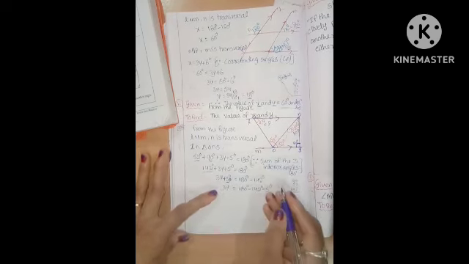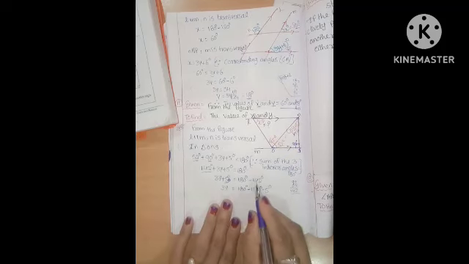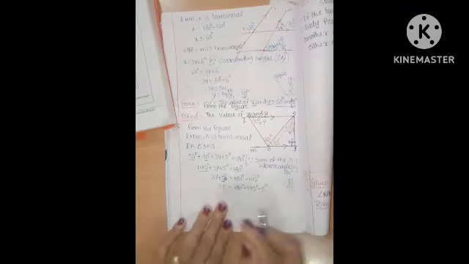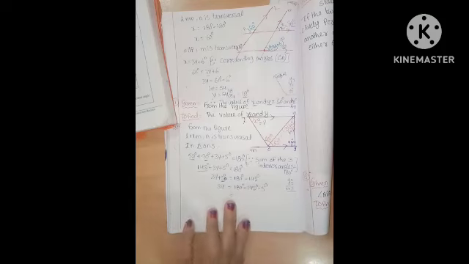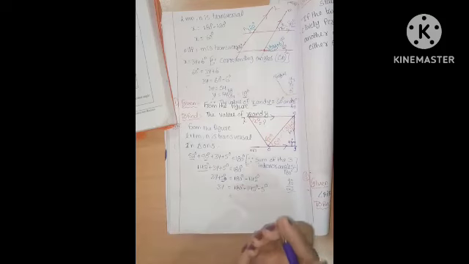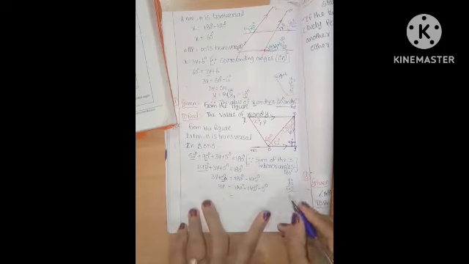Why are we transposing here? These are all constant terms, so all constant terms move to one side and all variables move to the other side.